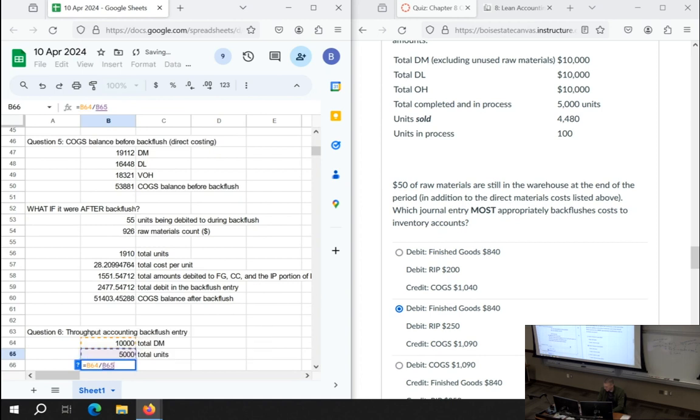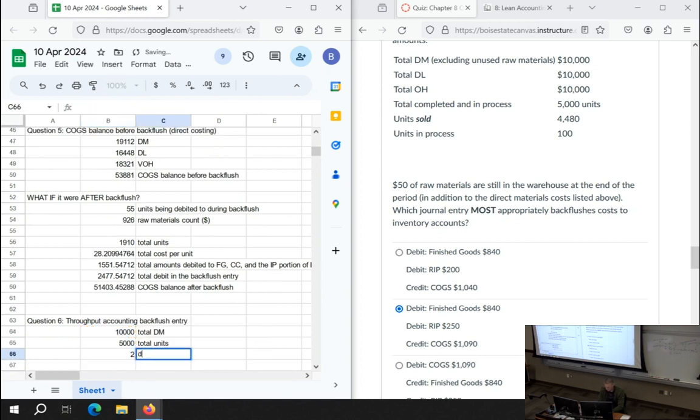So our rate, this is DM per unit, aka total cost per unit, since DM is the only truly or totally variable cost under throughput accounting, under the assumptions of throughput accounting.